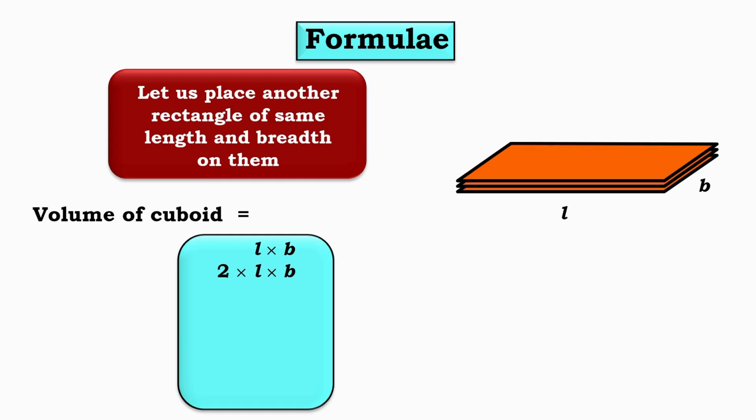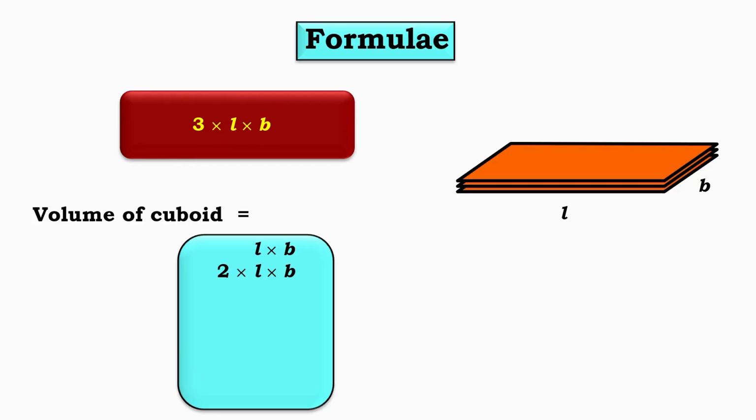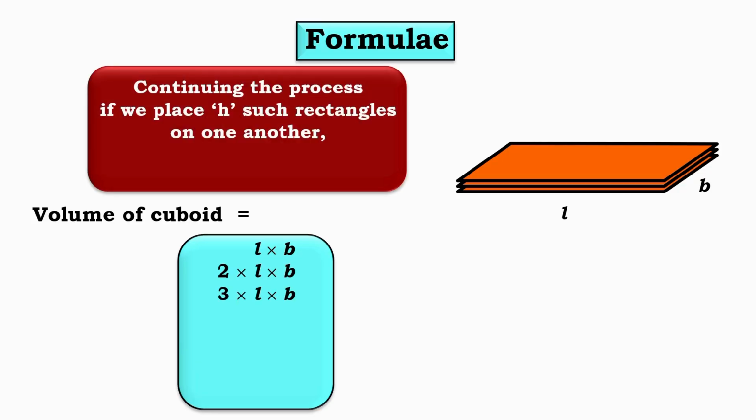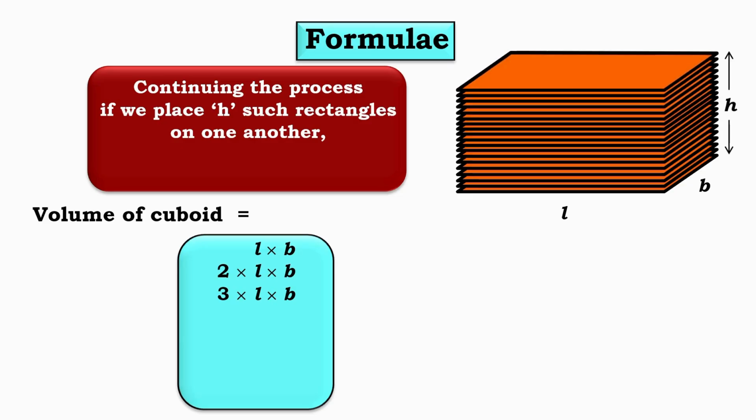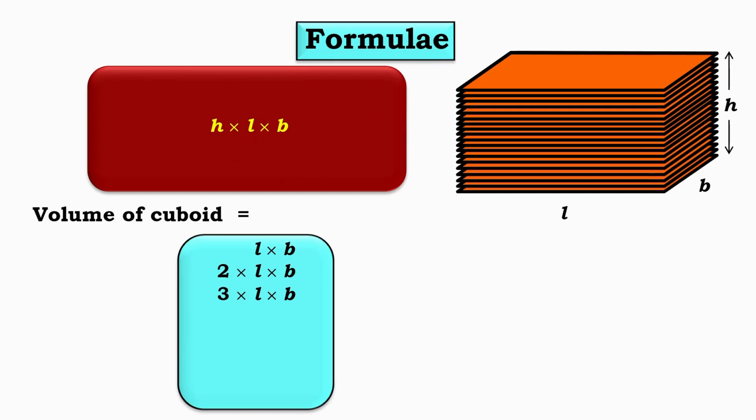So now the area will be 3 into L into B. Now continuing the process, if we place H such rectangles on one another, so if the height is H, that means you can place H number of rectangles one on top of the other, then the space occupied will be H into L into B.